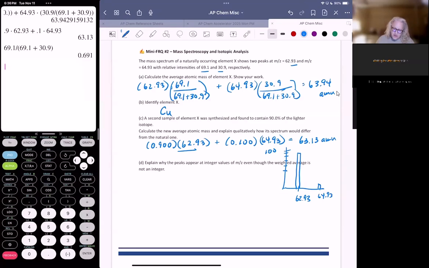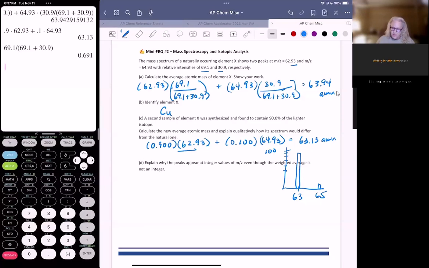Explain why the peaks appear at integer values of m over z, even though the weighted average is not an integer. Okay, let's change these to integer values. The reason why these are whole numbers is that these are the mass numbers. It's a counting number, the number of protons plus neutrons in an atom. Whereas the weighted average is not an integer because it is a weighted average.